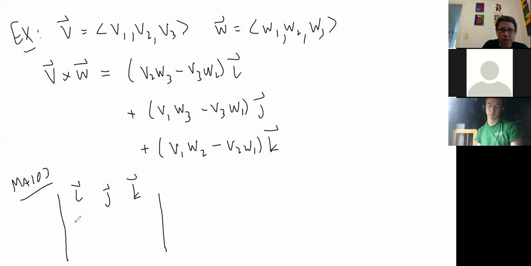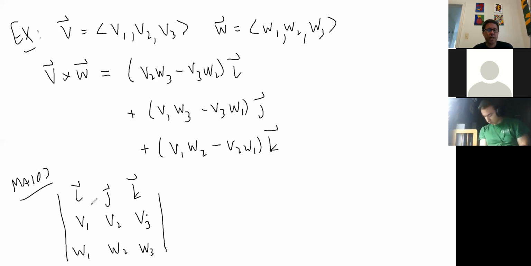This might be a bit of a stretch, but it comes out of looking at something like this. And I'll tell you what the name of it is in just a second. Where I write these things in rows, and you can see you've got i, and then this thing down here is like v2 and w3 and v3 and w2 subtracted.